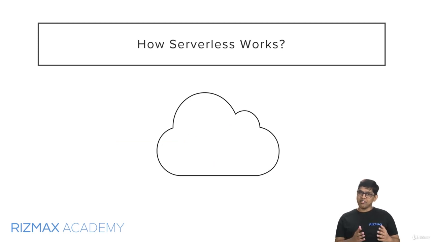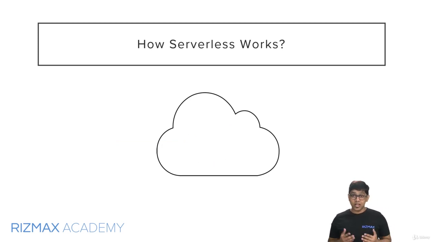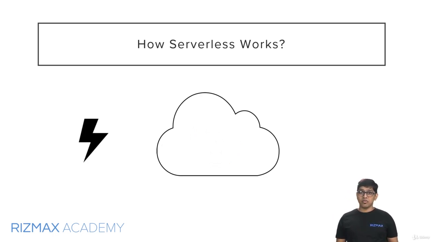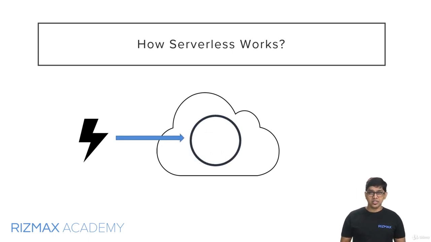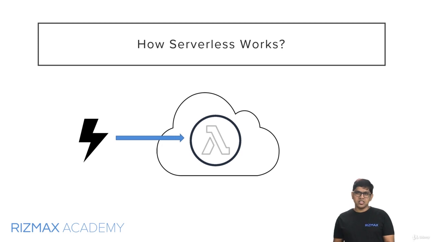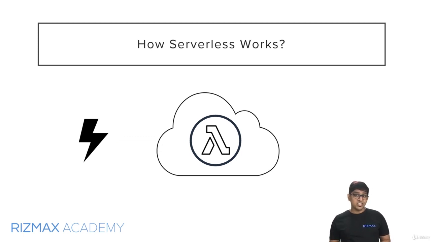So, you have your code running on the cloud platform, AWS in our case, and whenever the triggering event occurs, the cloud platform spins up a container or initializes a container, loads the function in it, and executes the function. And this happens almost instantaneously, thereby allowing us to build applications that respond quickly to new information and thus enhance the user experience.